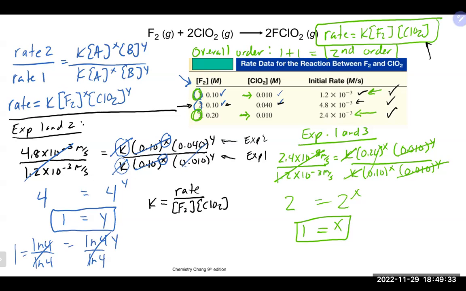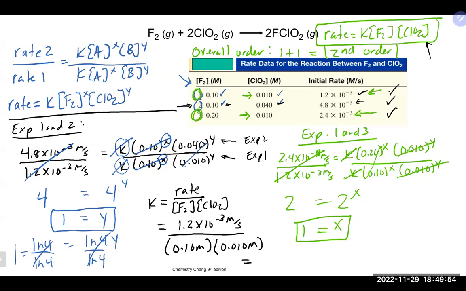Once again, I could choose any of the entries in the table. I'm just going to choose entry number 1, which means 1.2 times 10 to the minus 3 molar seconds divided by 0.1 molar divided by 0.01 molar.